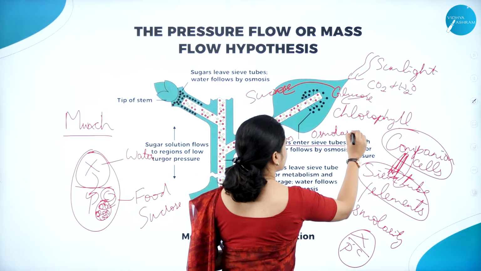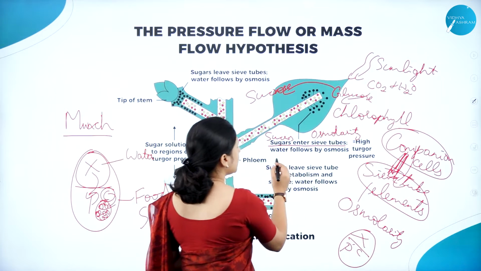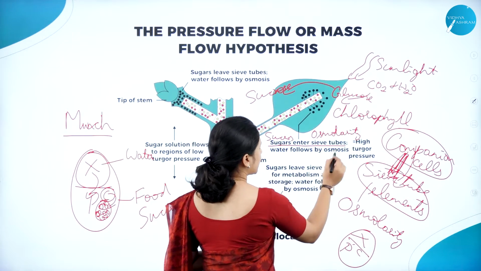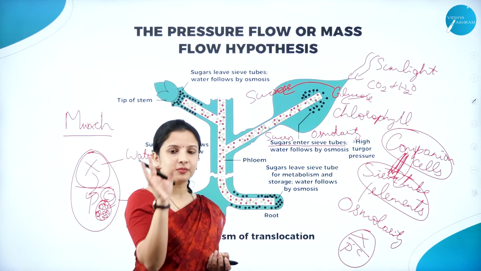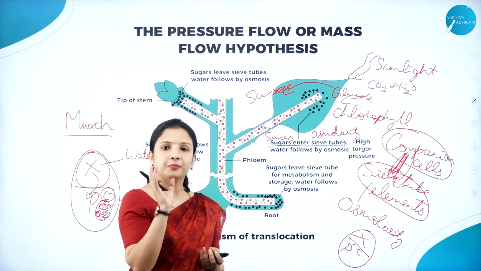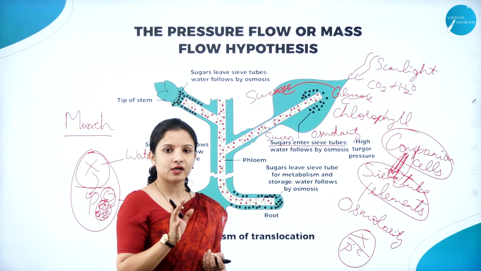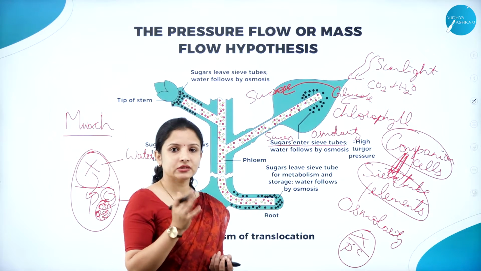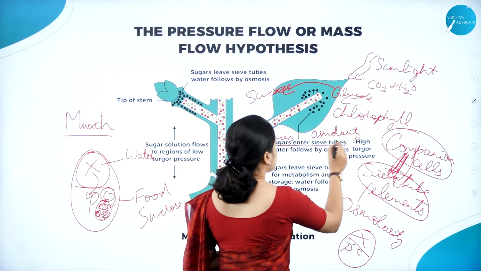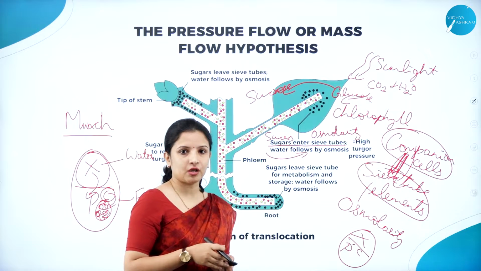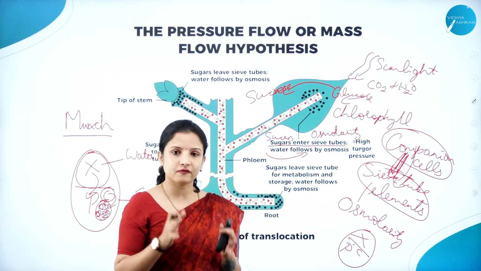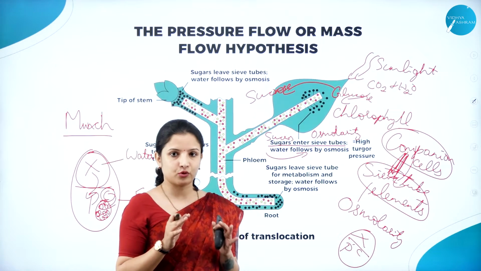Because of the osmolarity, those surrounding xylem cells that are present near the phloem cells have a pressure gradient created on them. Because of the increase in the pressure gradient, water will start to flow by osmosis into the phloem. Water will start entering into the phloem by the osmosis process, right?